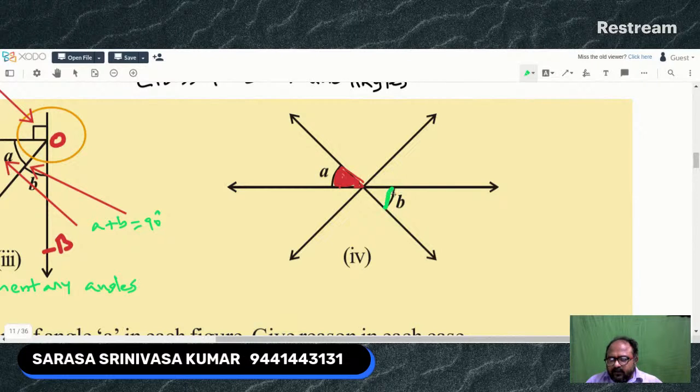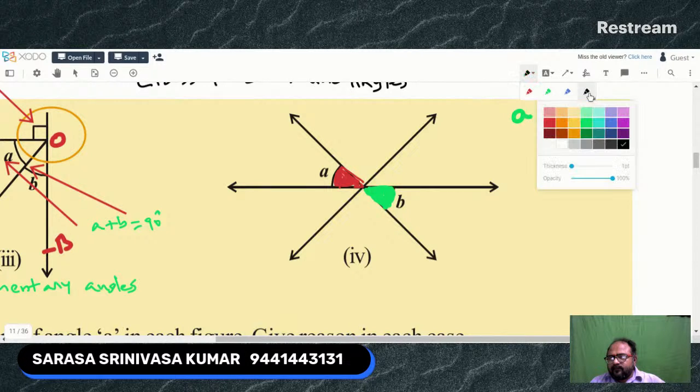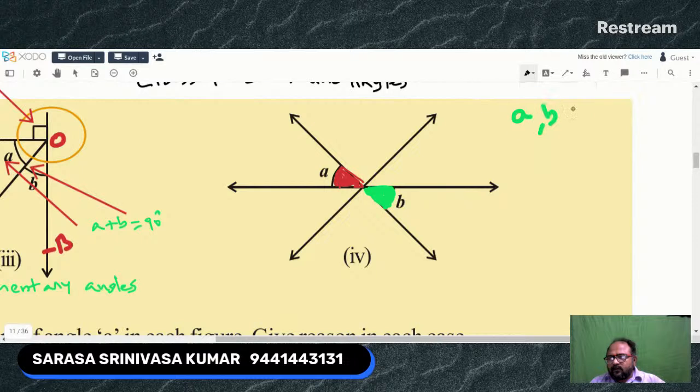From the diagram, we can understand that these two are vertically opposite angles. So we can write angle A and angle B are vertically opposite angles.